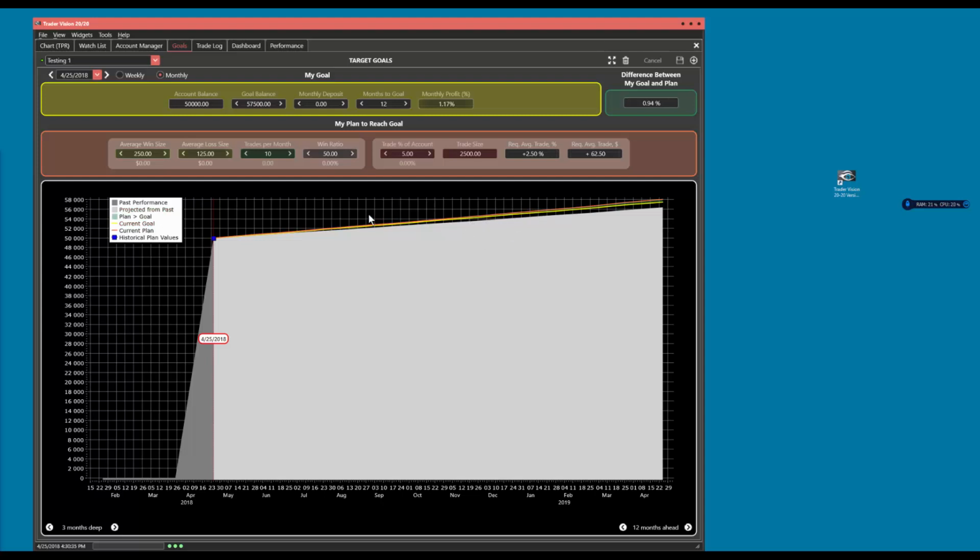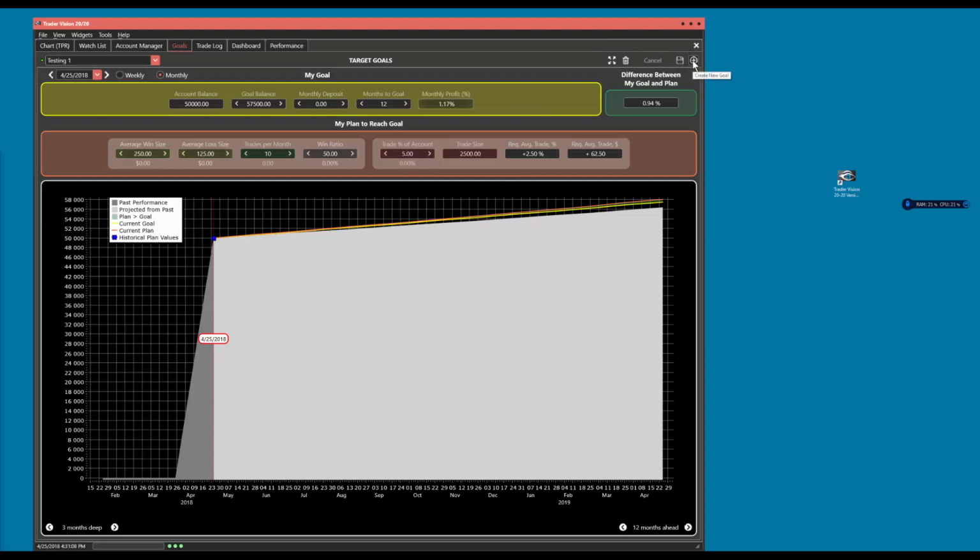So that's all there is to planning a set of goals. You can do that on weekly buckets if you're a shorter time frame trader, or maybe you just prefer working in 52 weeks as opposed to 12 months. But you can do that, and then at a future point in time, you can select a new date and save a new goal.